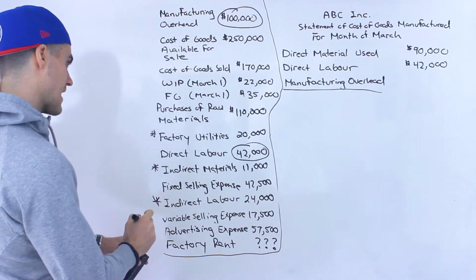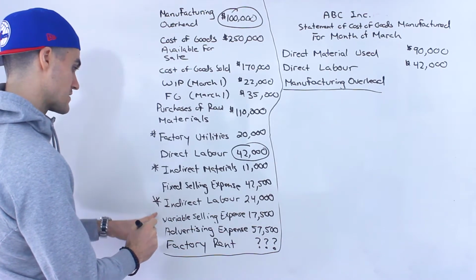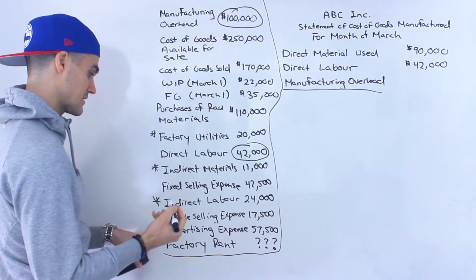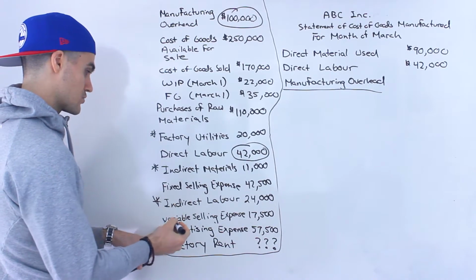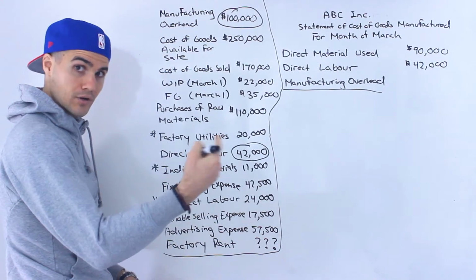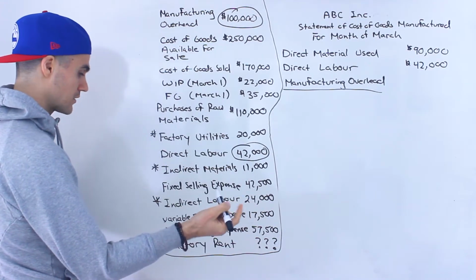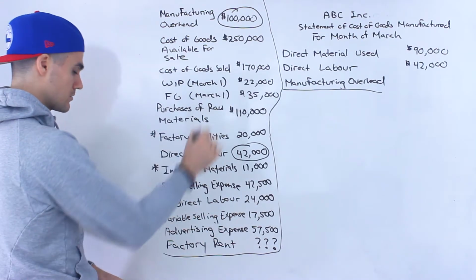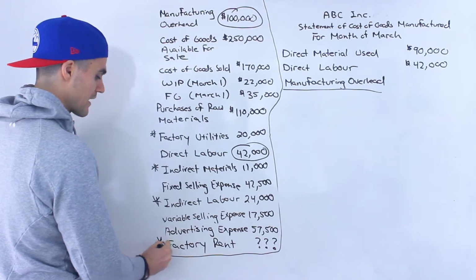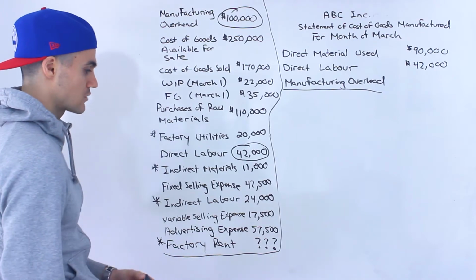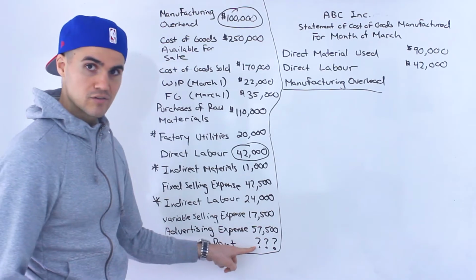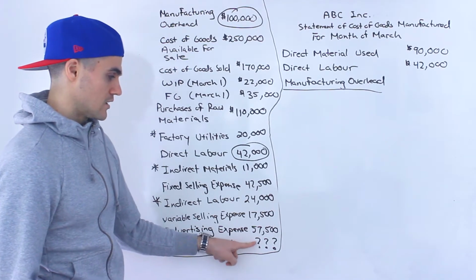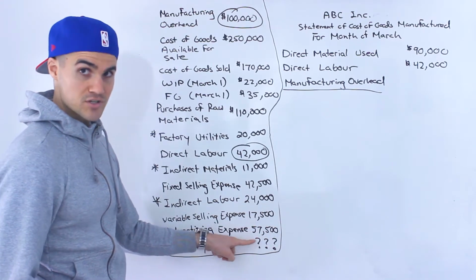And then notice that the fixed selling expense, variable selling expense, advertising expense, those are all period costs, period expenses, so they're not going to be under manufacturing overhead. But then notice that the factory rent is a part of manufacturing overhead, but we're not given an amount for that. So that's actually something we're going to have to solve for.